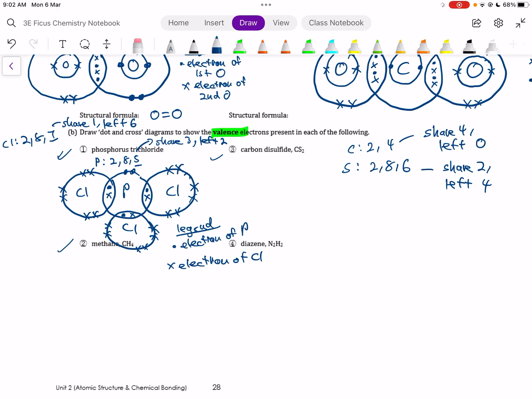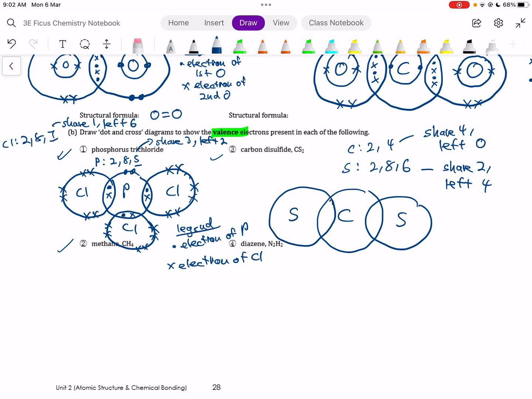So for this you have carbon in the middle, then sulfur at the side. And then sulfur sharing 2, and then you are left with 4.